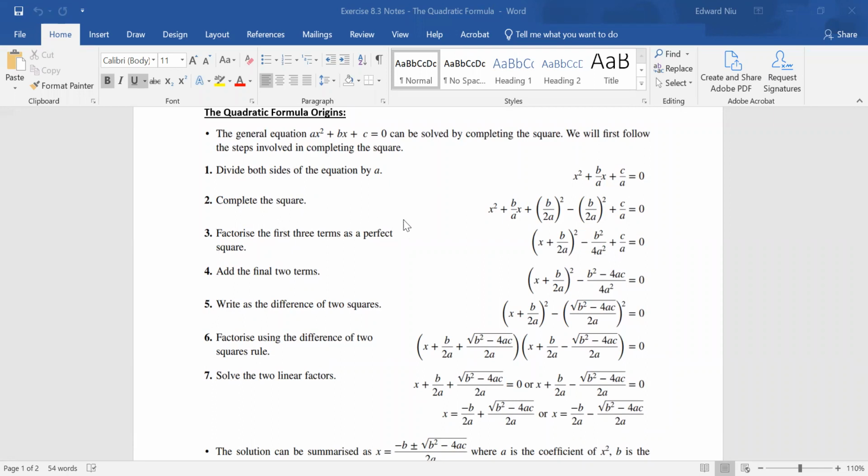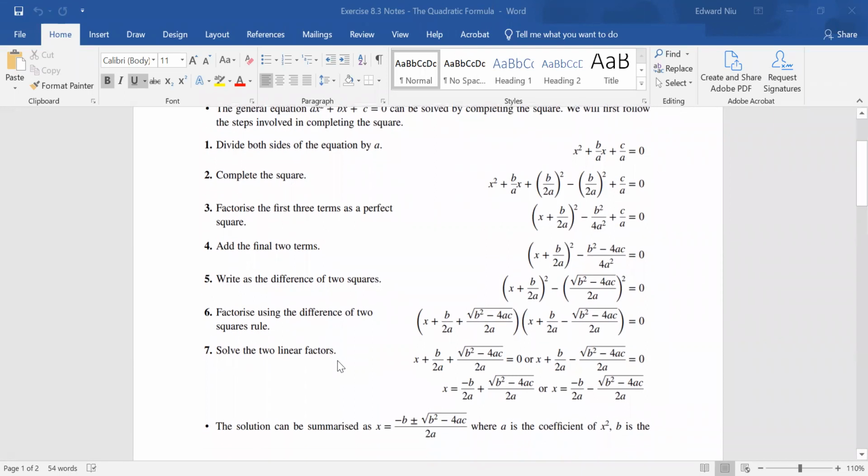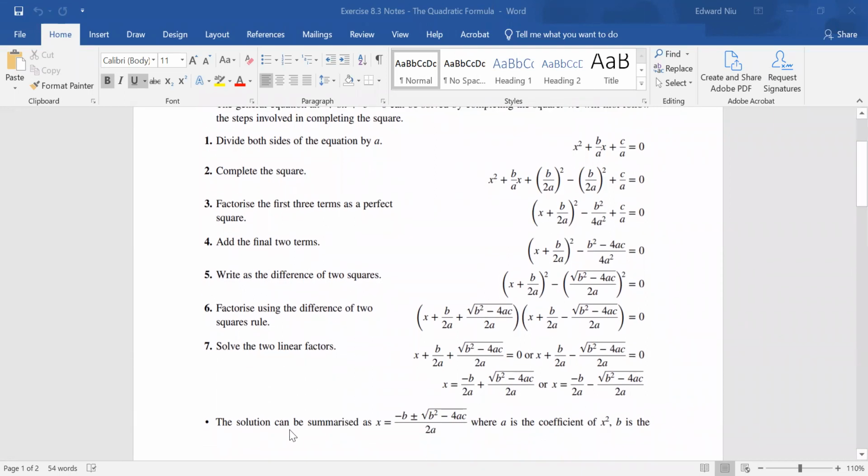Then we complete the square, and then we factorize the first 3 terms as a perfect square. Eventually, as we whittle all the way down, we're left with a solution which can be summarized as x equals negative b plus or minus the square root of b squared take away 4ac, all divided by 2a.